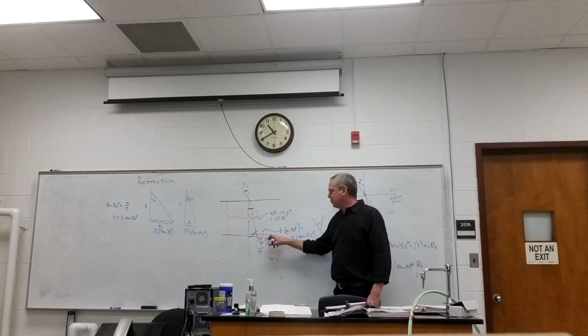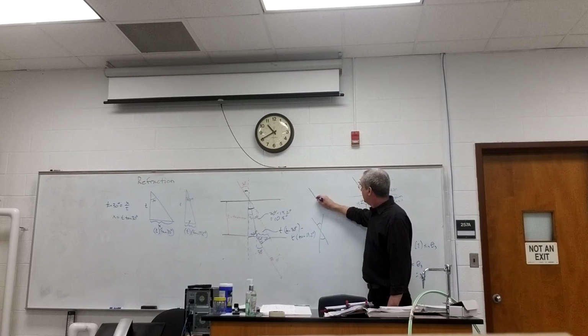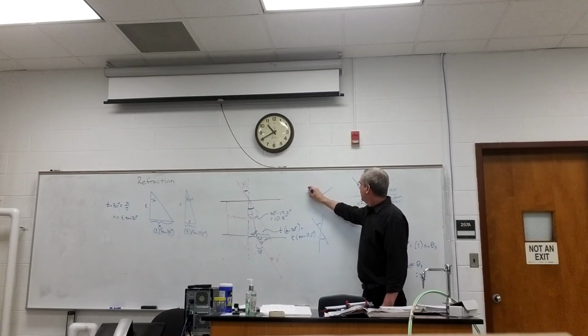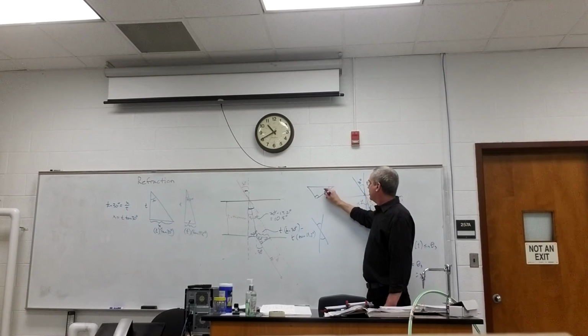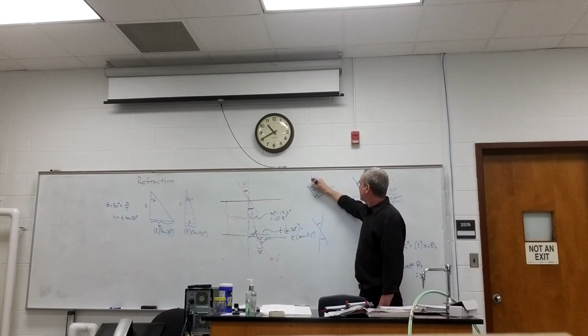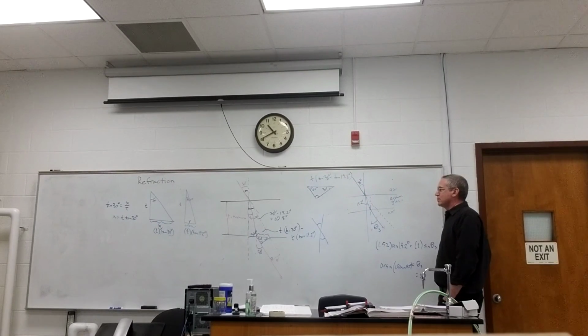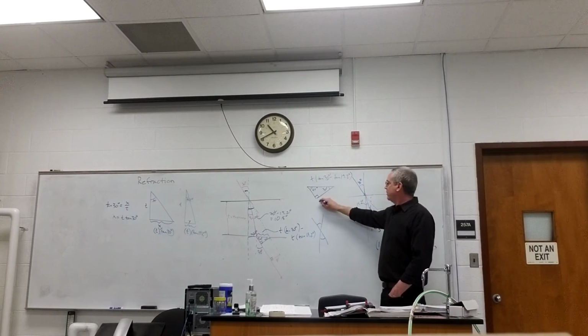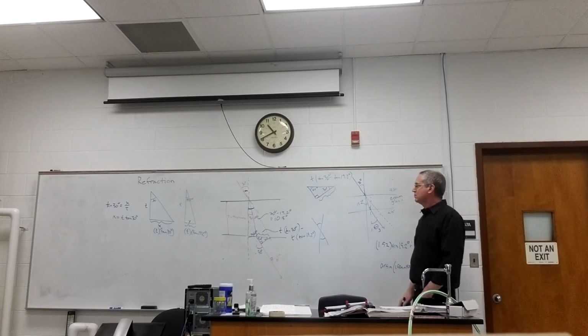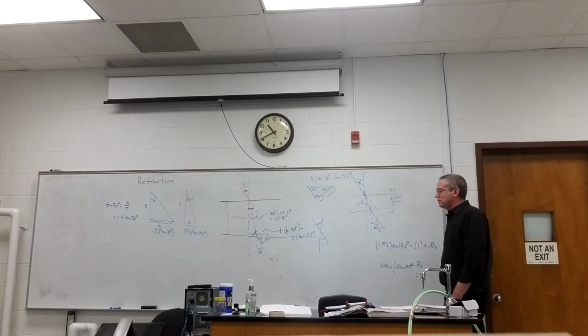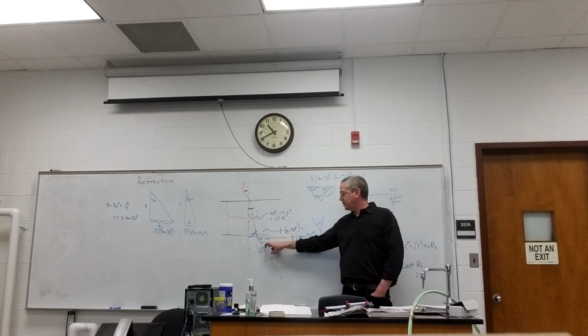I can now look at the smaller triangle here, where that is 30 degrees there, and that is 60 degrees there. This distance right here is the thickness times the tangent of 30 degrees minus the tangent of 19.2 degrees. And this is what I'm trying to find right here, this distance between here.